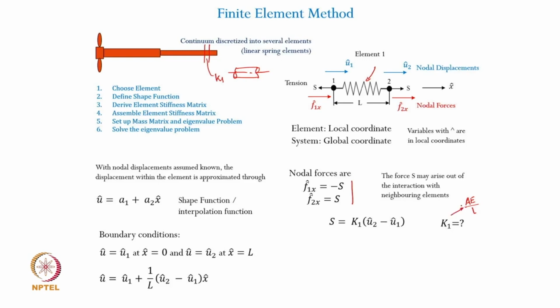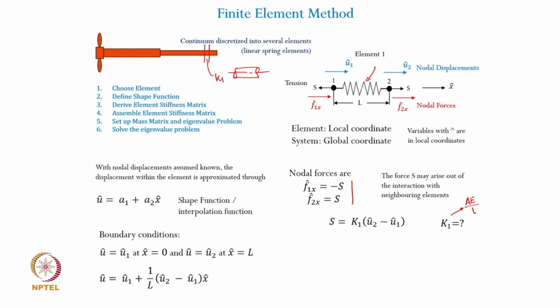So, this becomes your K1. Okay. So, if we discretize this into finer elements, even if the cross sectional dimensions are in general varying, you can assume it to not vary within the small segment and then take the average cross sectional area and the material property and the length dimension to find out the numeric value of the K1.